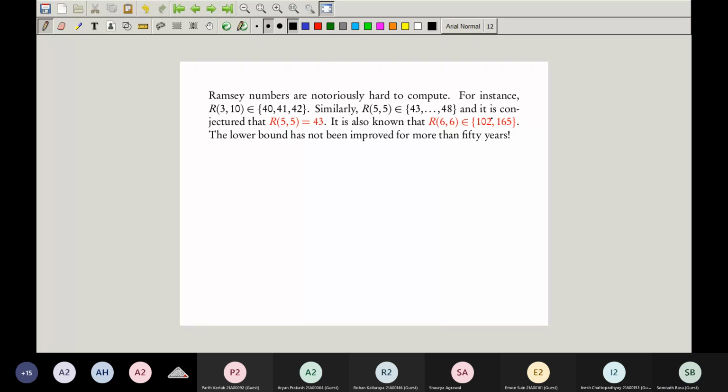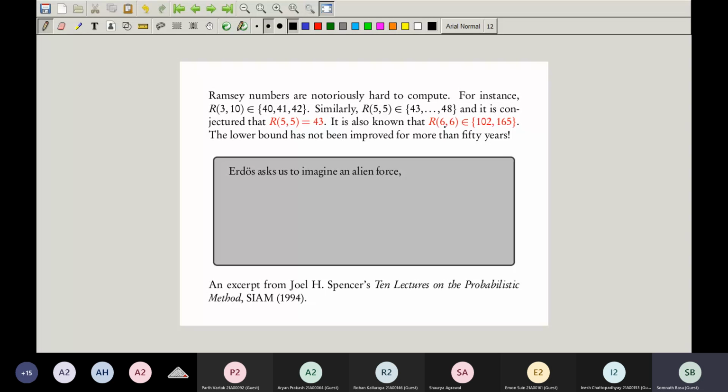Okay. So here's the quotation. So regarding how hard it is to compute R55 and R66, here's another famous Paul Erdős story, and I'll just read from what he had narrated, and this has been published in a book and it's well documented. So Erdős was asked about this. So how hard did he think R66 was to compute?